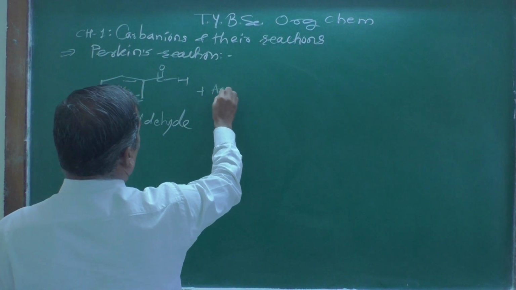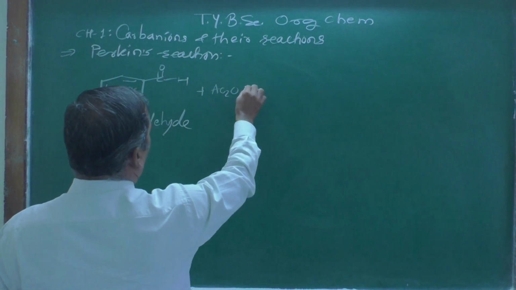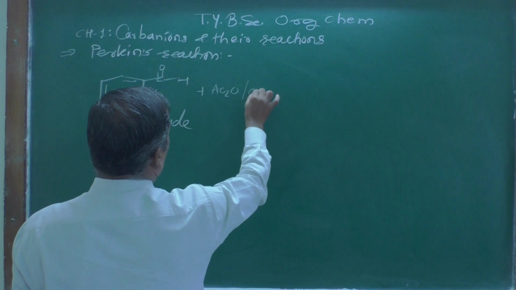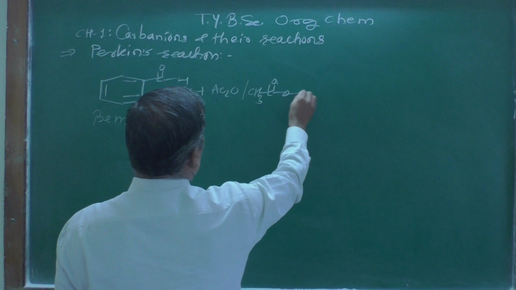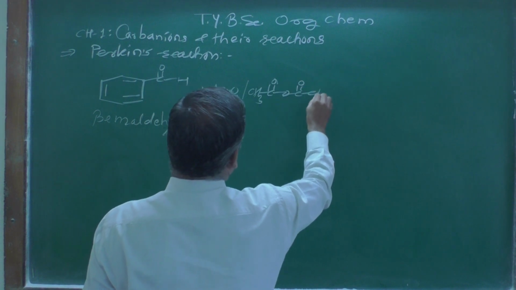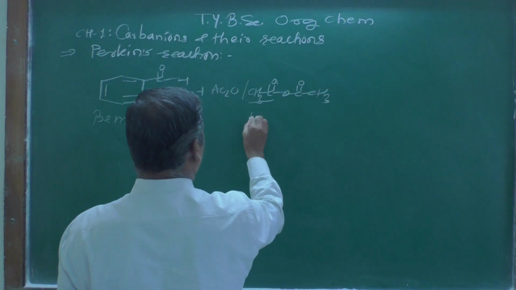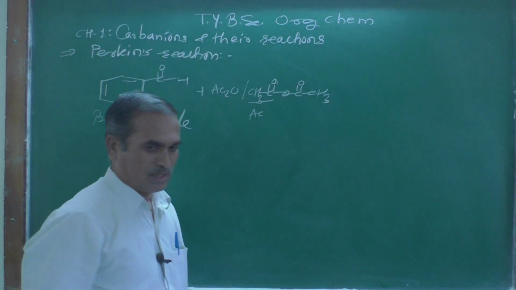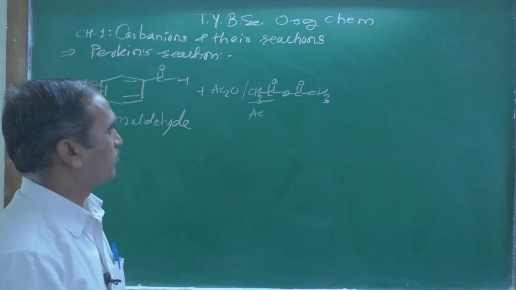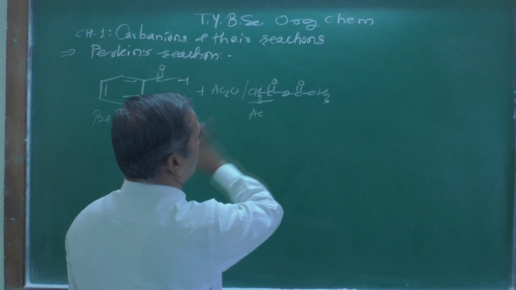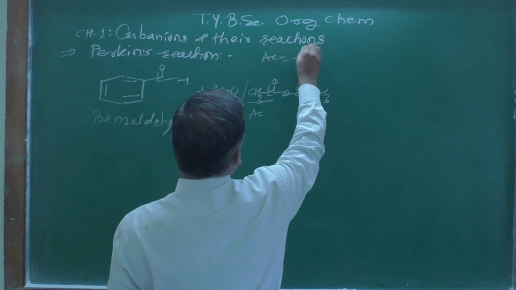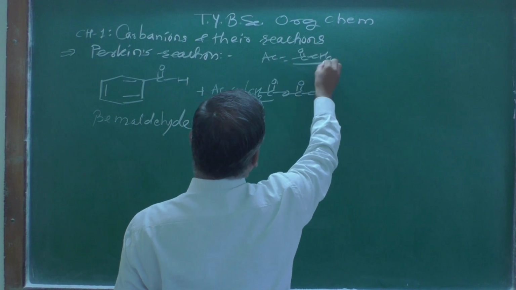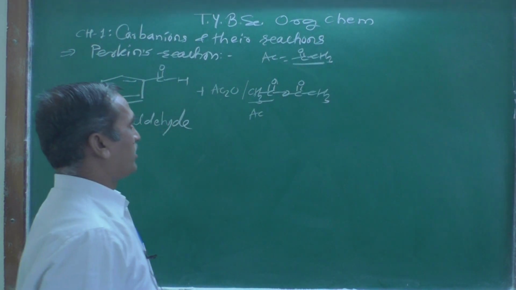Acetic anhydride we can write as Ac2O, or like this: CH3, C double bond O, then C double bond O, CH3. This group is abbreviated as Ac, which is nothing but the acetyl group, C double bond O, CH3.